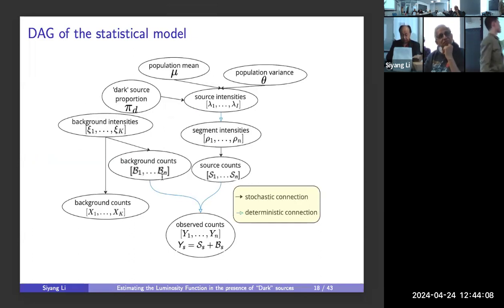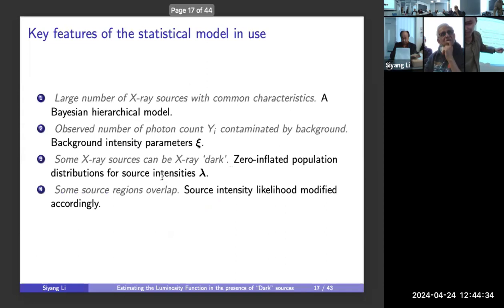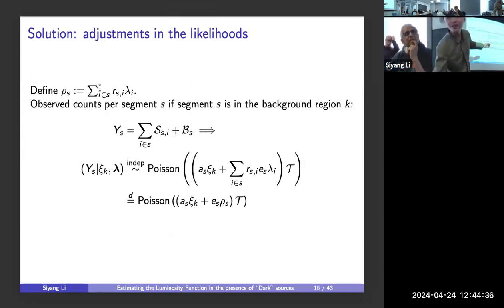First we start with the population mean and population variance for the population of source intensity parameters, and then we also need to consider the proportion of dark sources, and then we transform these source intensity parameters into segment intensity parameters. Sorry, I forgot to mention this part.